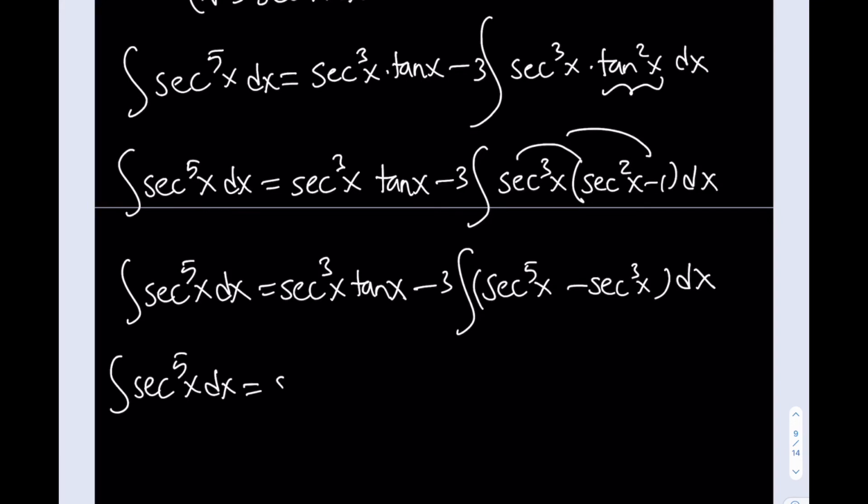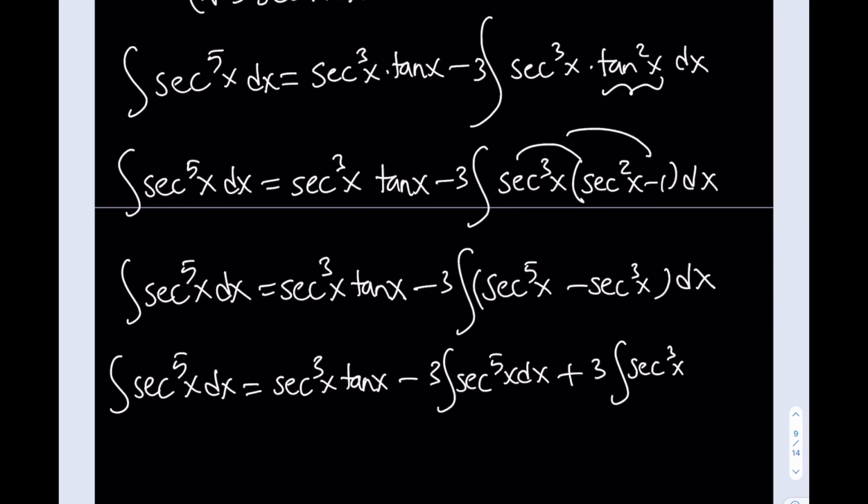Let's go ahead and see what happens. Secant cubed x tangent x minus 3 times the integral of secant to the 5th power x dx plus, notice the plus sign, 3 times the integral of secant cubed x dx. Okay, cool. Is this better?